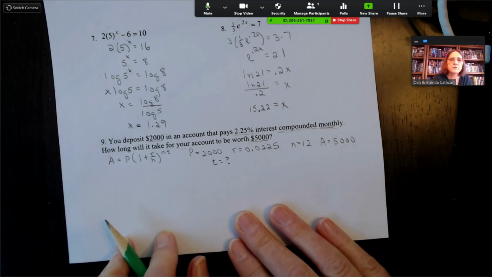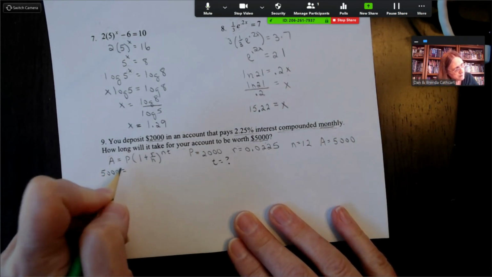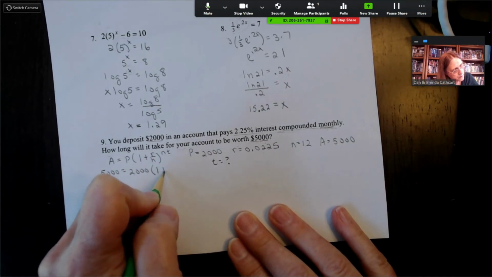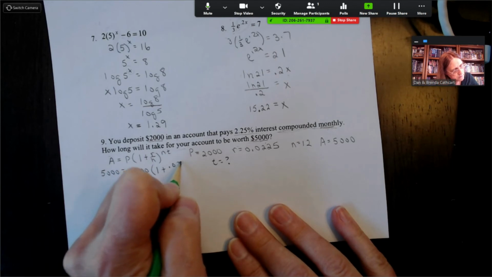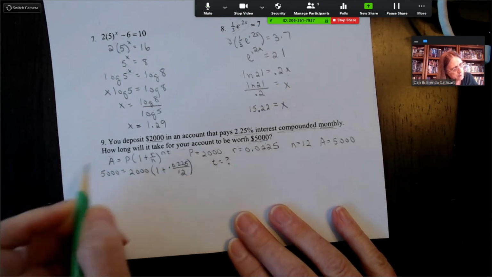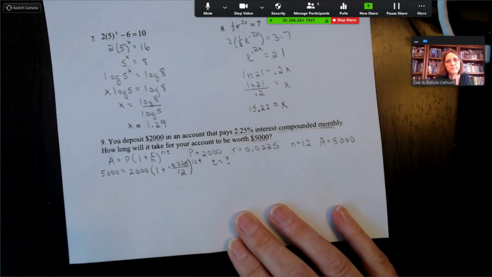So let's put those into our equation. We have 5,000 equals 2,000 times the quantity 1 plus 0.0225 divided by 12 raised to the power of 12t.